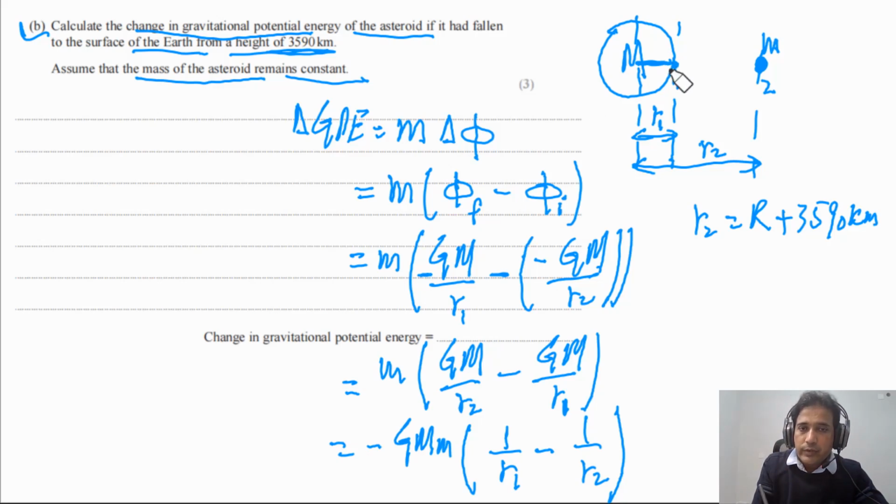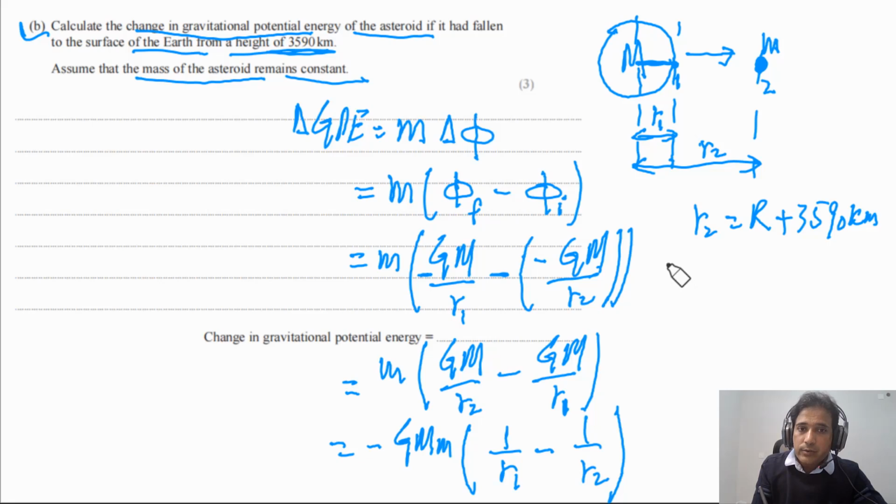If it is moving from this point to this point, getting closer, it means the potential energy is decreasing. So the answer should be negative. And if it is moving away, potential energy should be increasing, so the change in potential energy has to be positive.